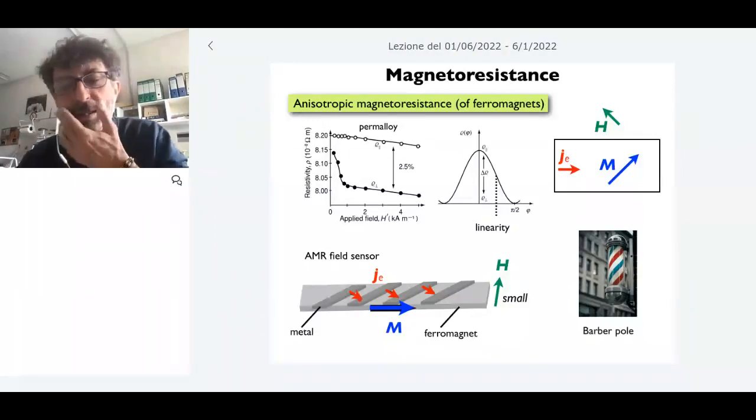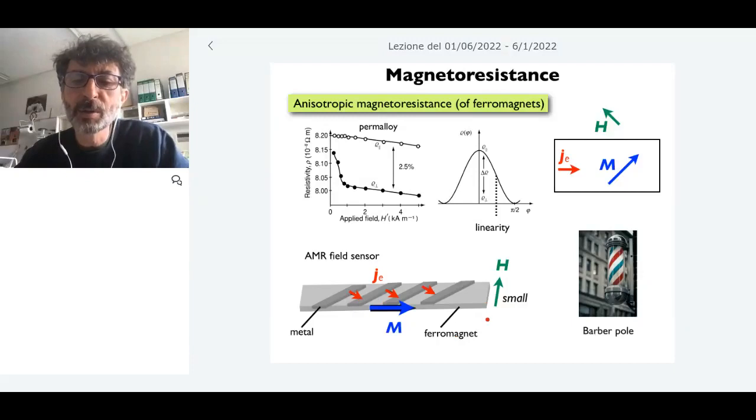So very tricky, very nice as a way to exploit a region where the behavior of this anisotropic magnetoresistance is linear. So even if it was not completely understood why anisotropic magnetoresistance is such, people immediately started to think about building a device.